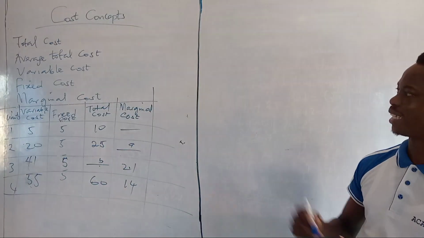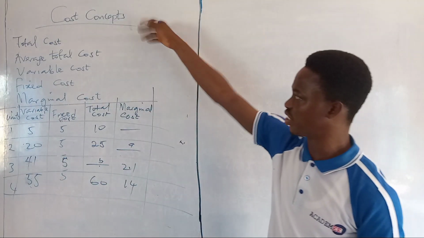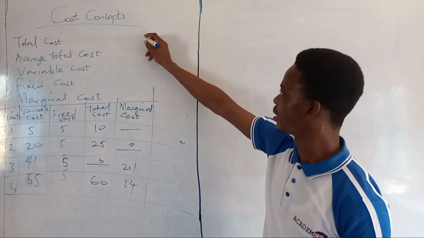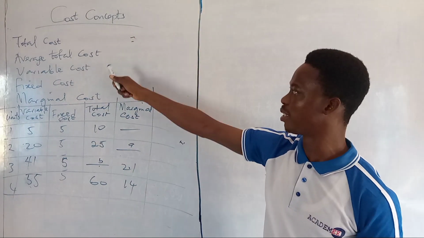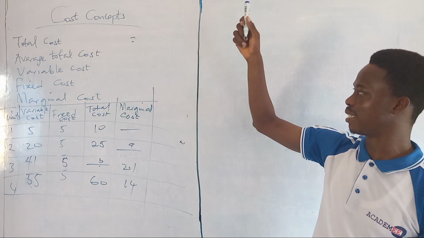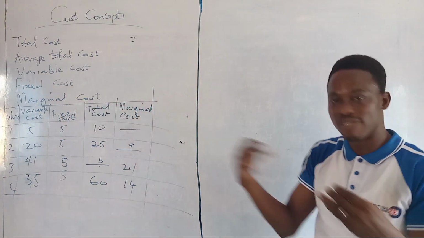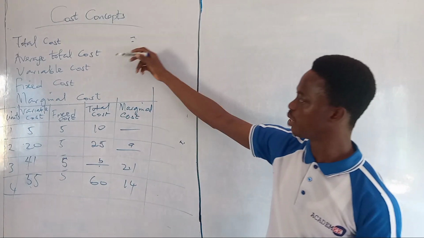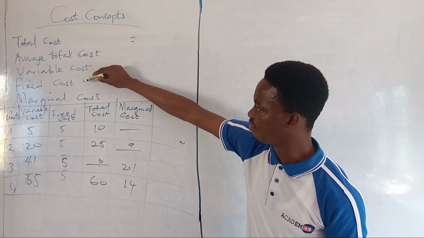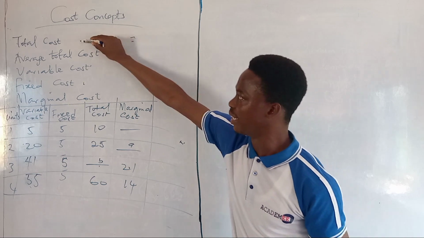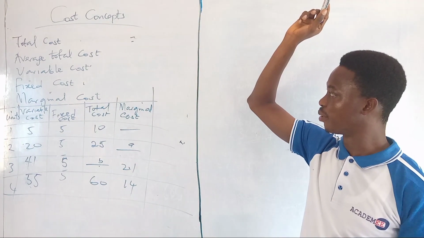So now, we have a formula for each cost: total cost, average cost, variable, fixed, and marginal. They have a relationship. The combination of variable and fixed cost makes the total cost.